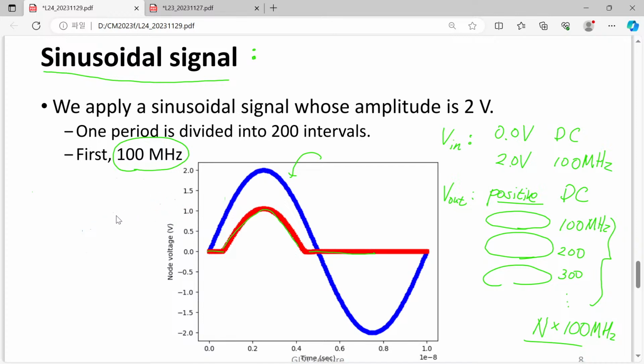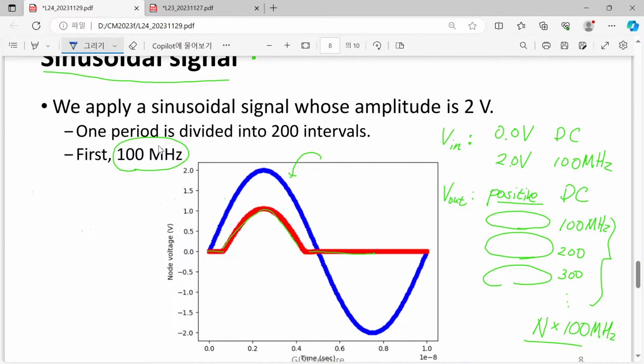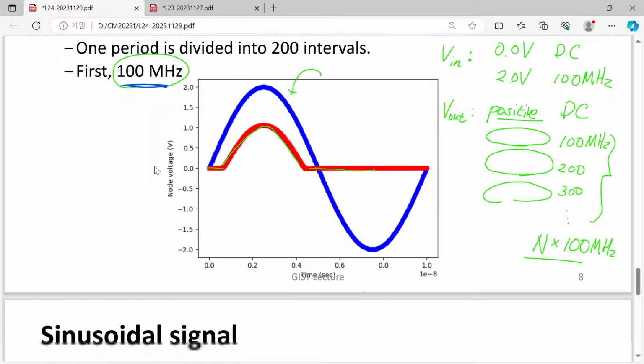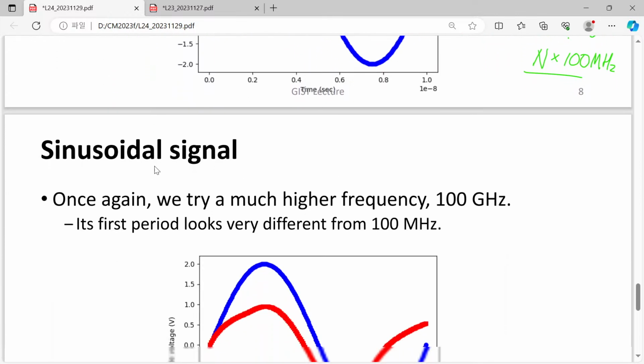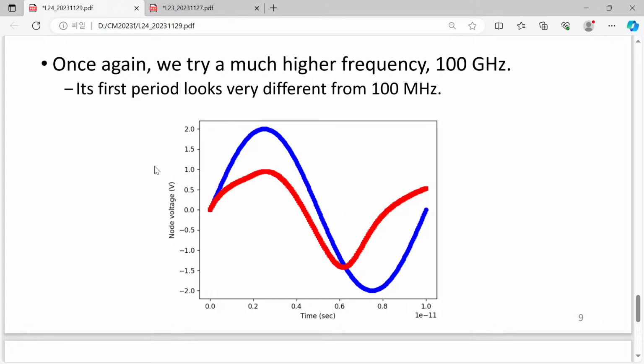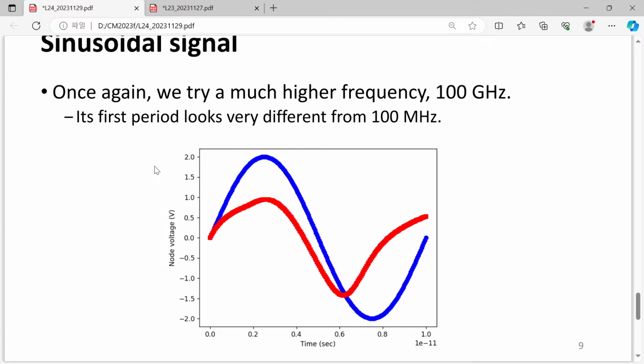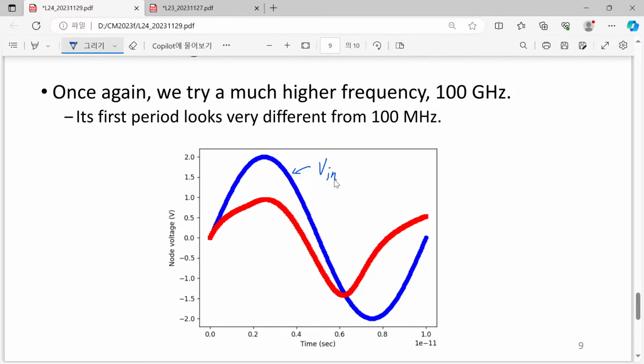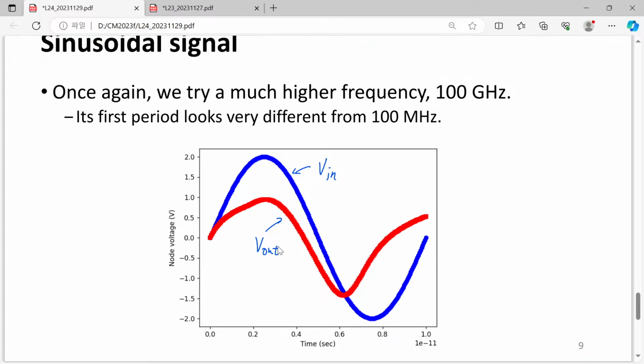Well, this is well understood for the low frequency case, but if we go to the high frequency case, then our first period looks like this. Once again, this is the input voltage and this is now the output voltage. Wow, why do we have this kind of behavior?